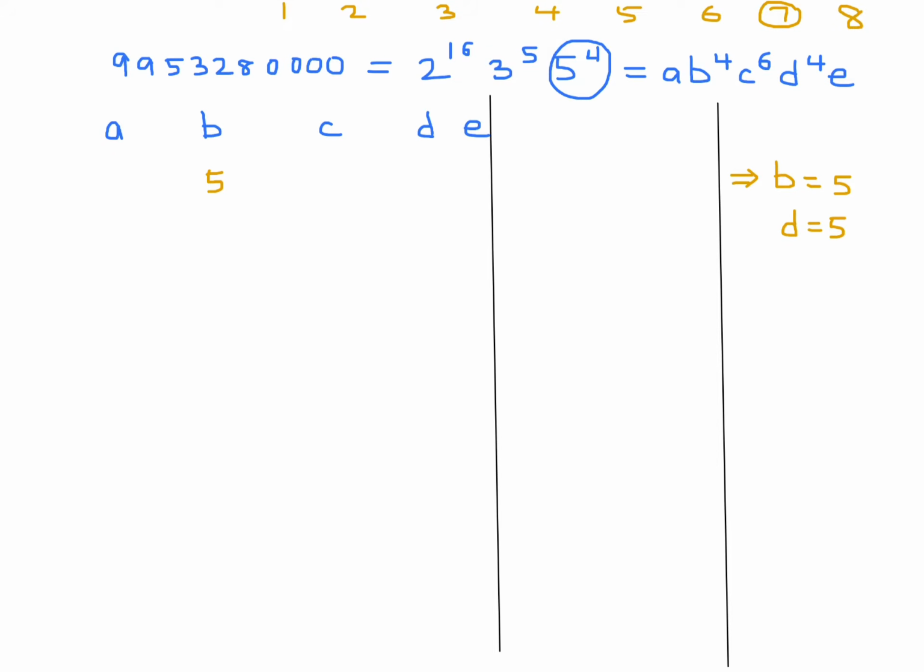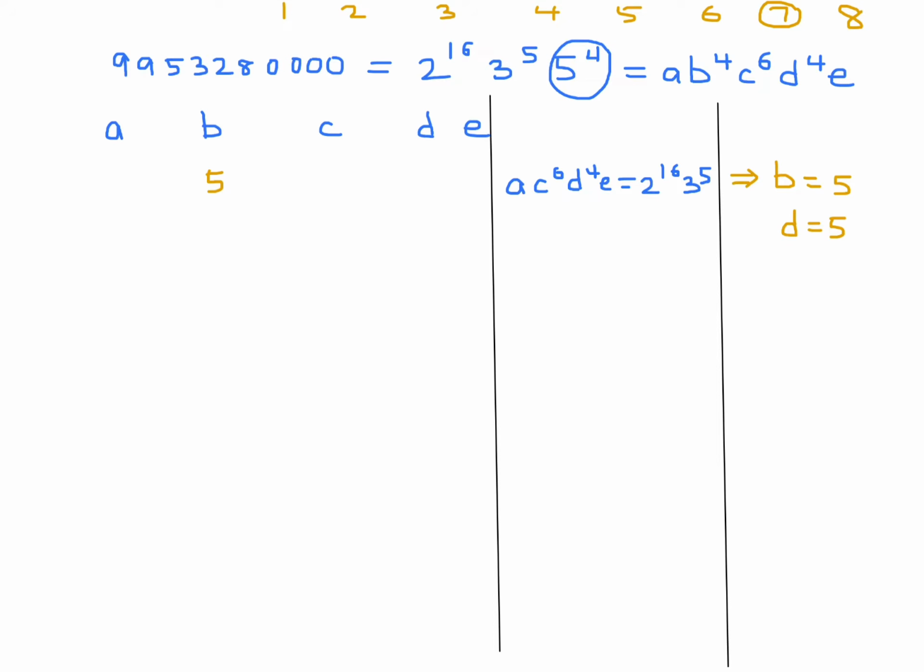So really all it boils down to is 2 to the power of 16 and 3 to the power of 5 is going to be my A, C to the power of 6, D to the power of 4, and E. Well, the 3 has to go somewhere, right? And it's going to have to combine, most likely, with a power of 4.